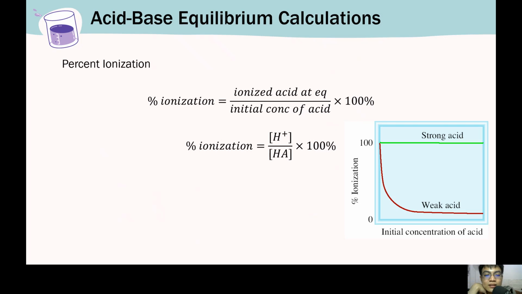If that is an acid, then that means you divide the concentration of H plus or hydronium ion with the initial concentration of acid times 100. So for strong acid, the percent ionization is obviously 100%, but for weak acids, the ionization is not that much. Okay, so again, there are many factors that results in your substance being electrolyte or non-electrolyte.